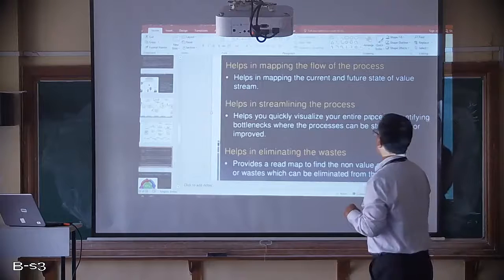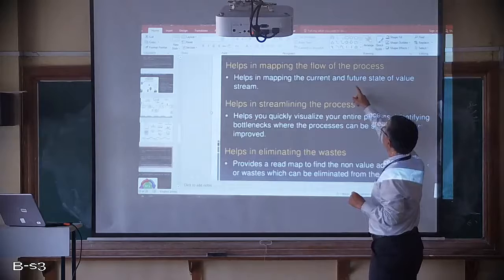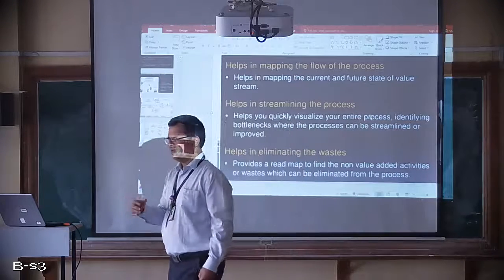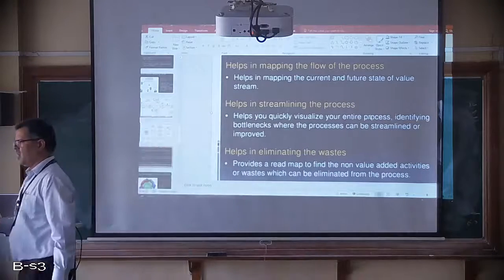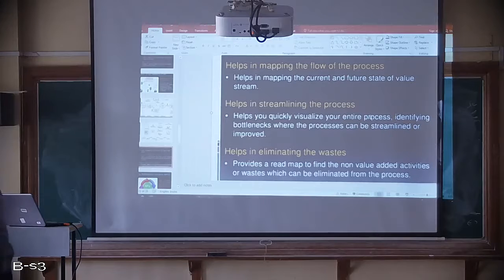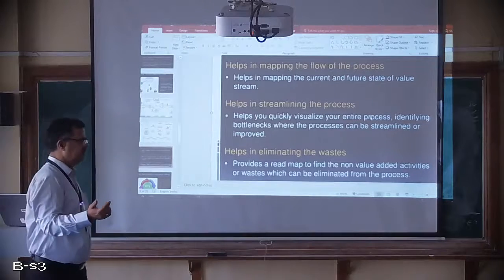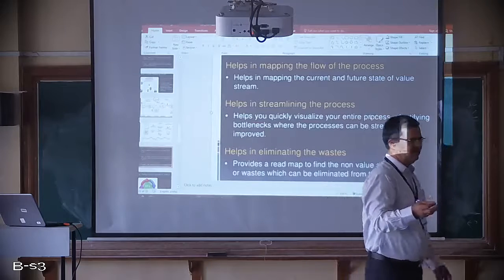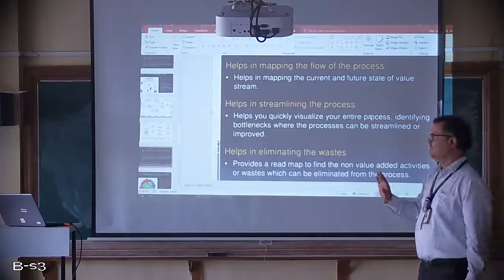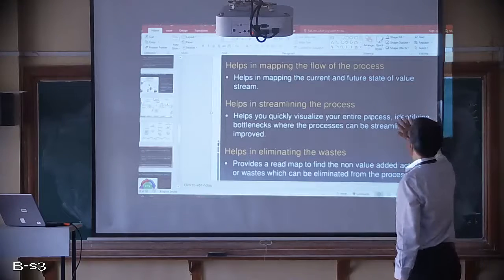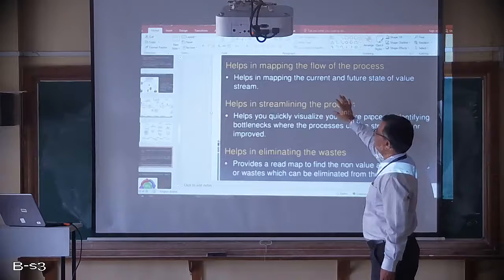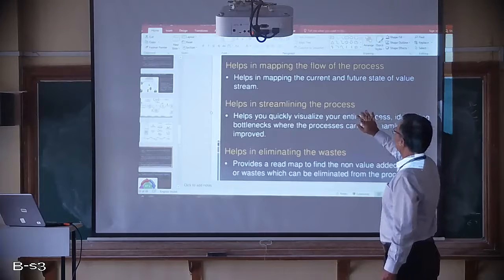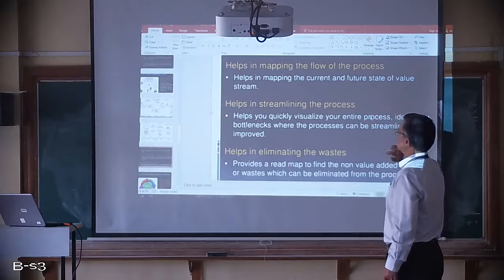Then you draw one more, the future state, by changing the flow, modifying the layout, or reducing non-value added time. So you get a different value stream, which is called the future state value stream mapping. This value stream mapping helps in mapping the current and the future state of the value stream.